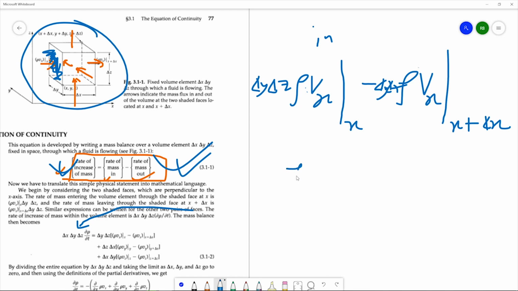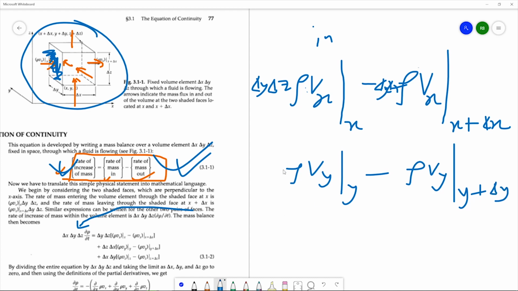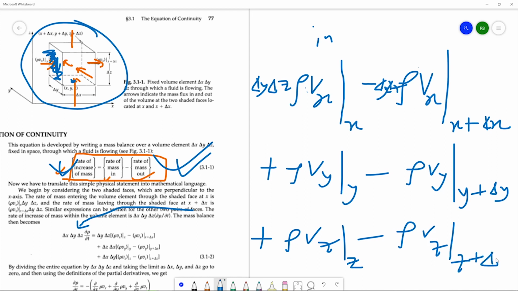Similarly, you can write the mass flux in y direction: rho vy at y minus rho vy at the other face, that is the y plus delta y face. Similarly, you have to add on. In z direction, rho vz at the z face minus rho vz at z plus delta z.